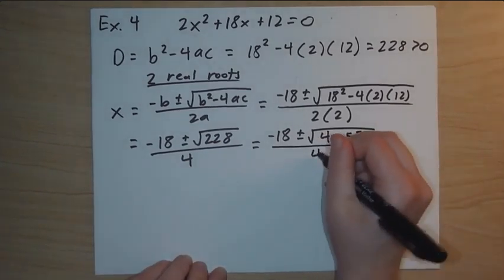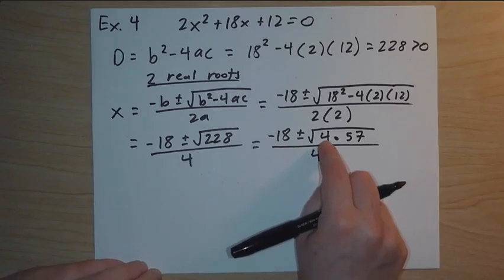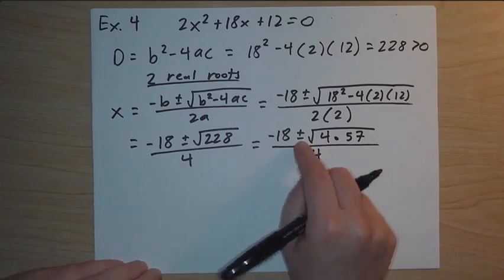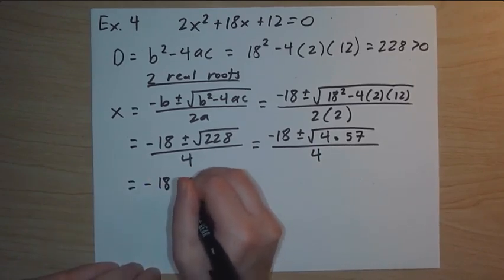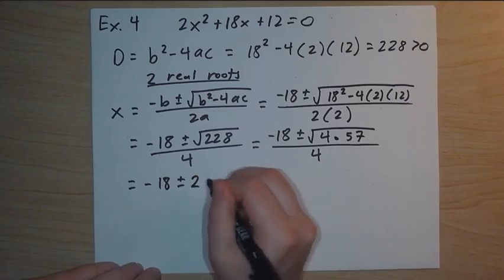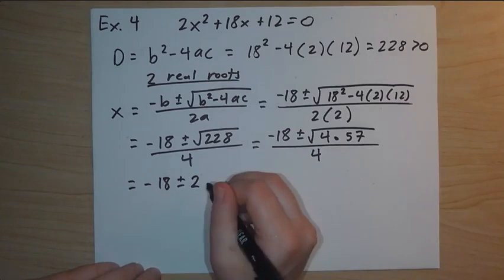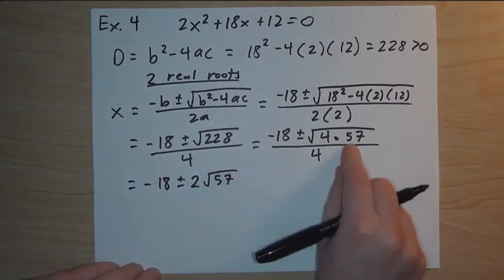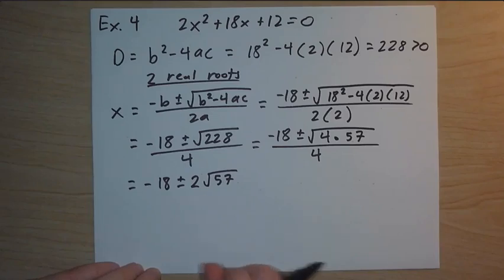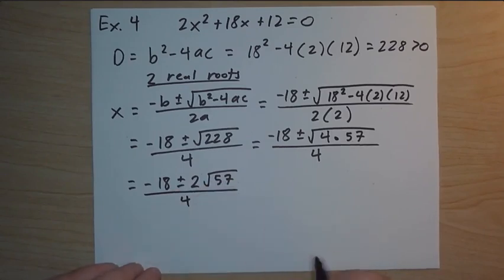Now 4 is 2 times 2, so we can pull out 2 to the front of this square root. So this is negative 18 plus or minus 2 times the square root of 57, all divided by 4. There are no perfect squares in 57, so there's no more simplification for that.